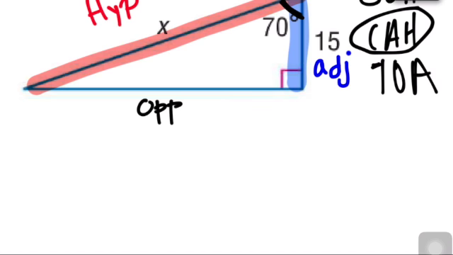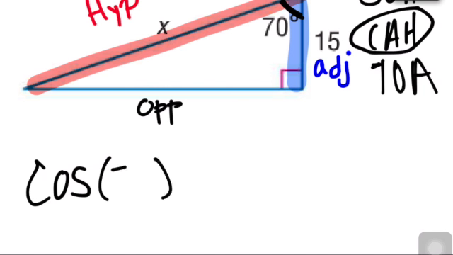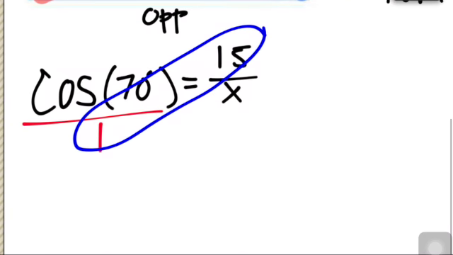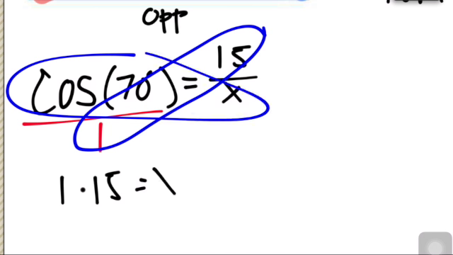So I'm going to create a trig function using the cosine. Cosine of 70 degrees equals the adjacent side, 15, over the hypotenuse x. Now we put a 1 under this and cross multiply. That gives me 1 times 15, and on the other side I get x times the cosine of 70 degrees.